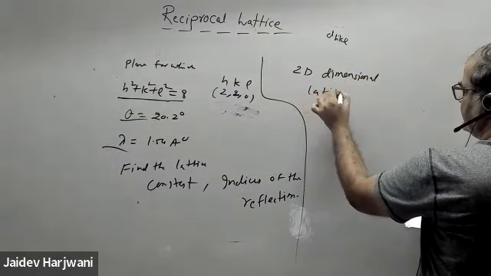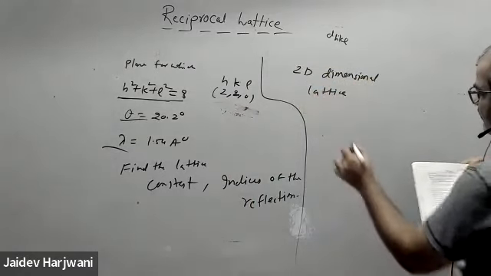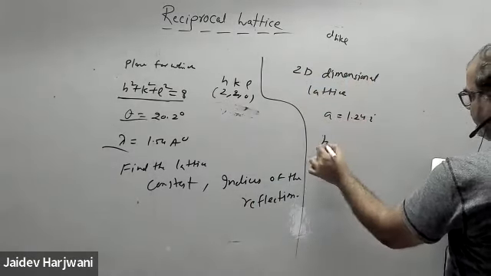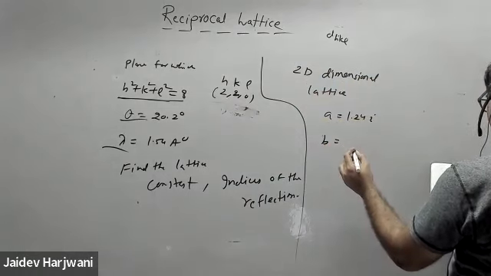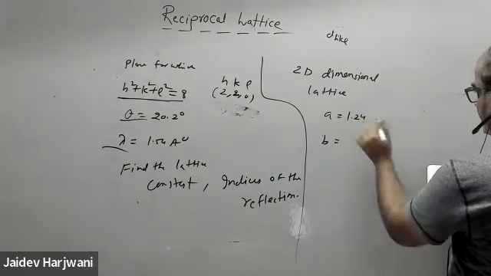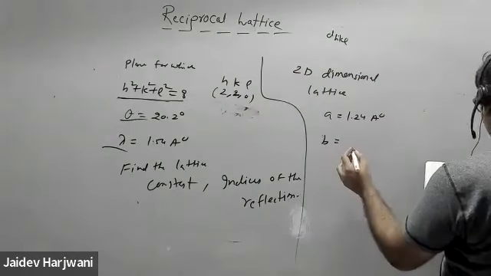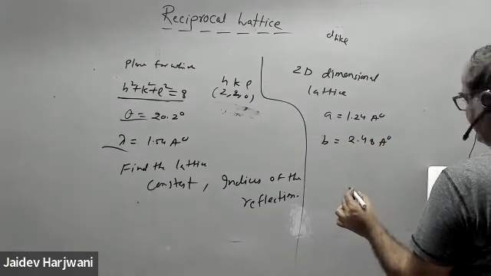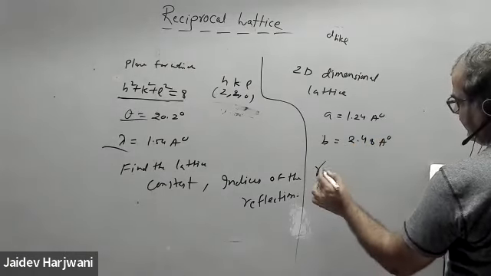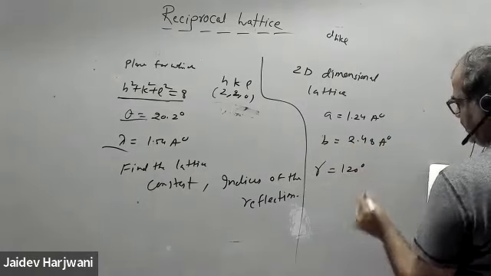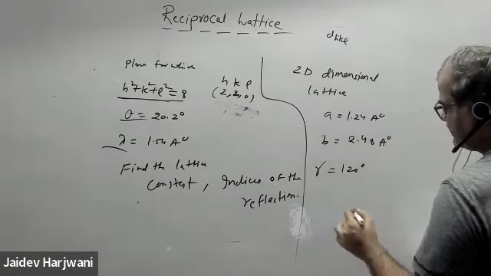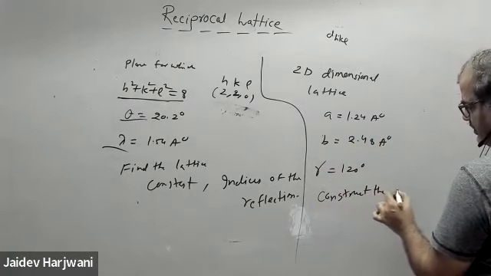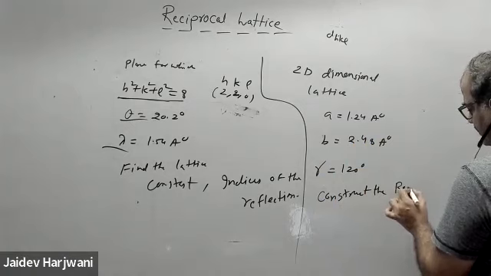For that they have given a equals 1.24 angstrom and b equals 2.44 angstrom, and the angle between a and b, gamma, is 120 degrees. So they are asking to construct the reciprocal lattice.